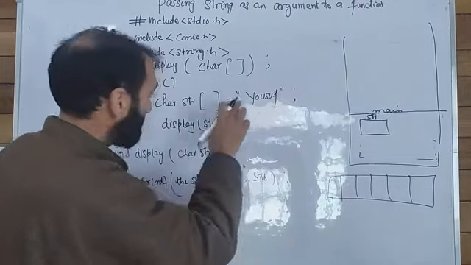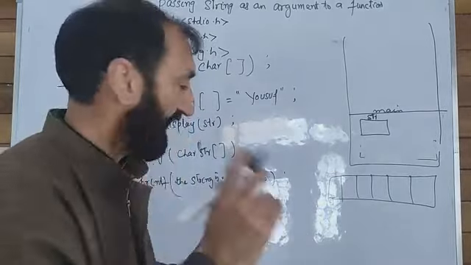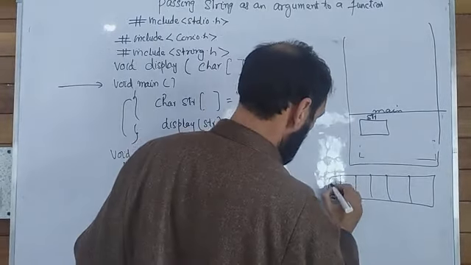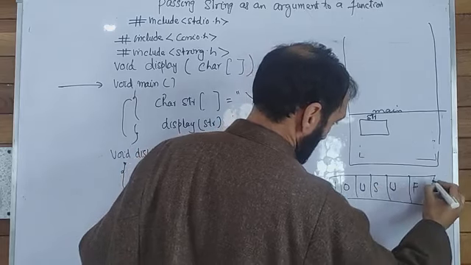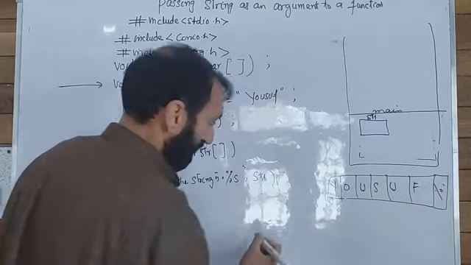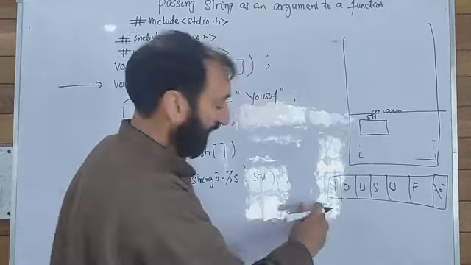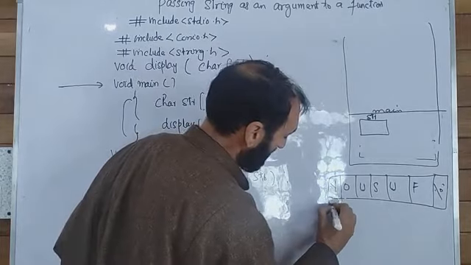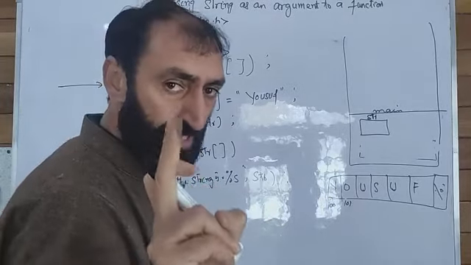We know that a string is a character array ended by a null character: Y, o, u, s, u, f, and the next one will be the null character. Suppose the address of the first character is 100, the next is 101, because a character occupies 1 byte of space.